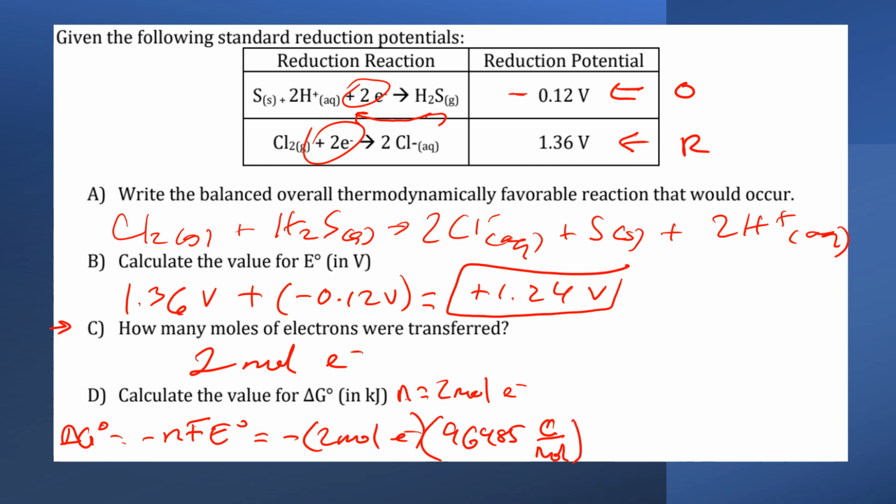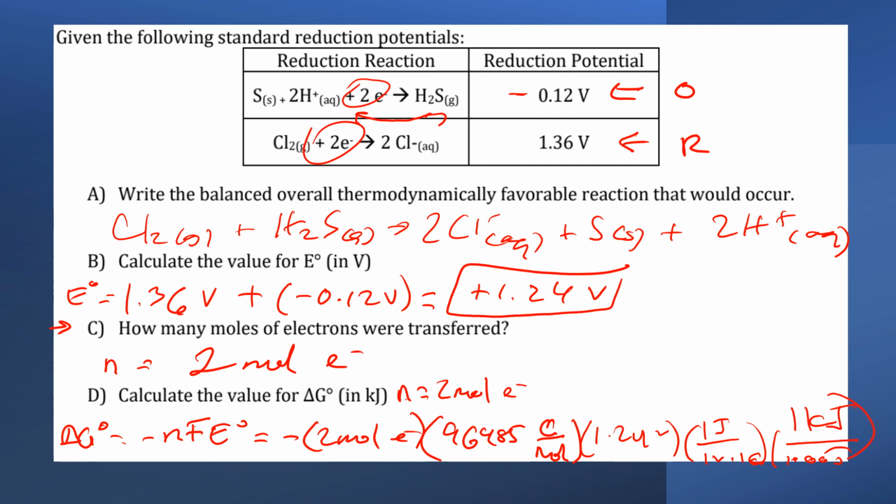You have your E0 right here, 1.24 volts, times 1 joule per 1 volt times 1 coulomb. And since I want this in kilojoules, in 1,000 joules there is 1 kilojoule.